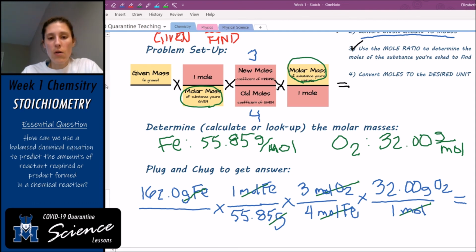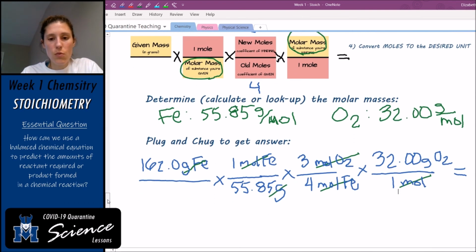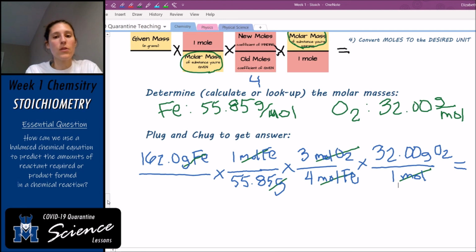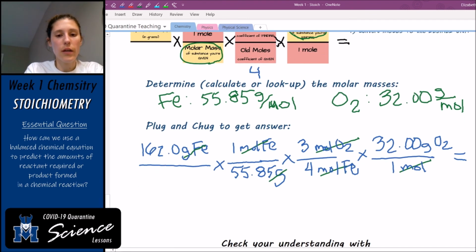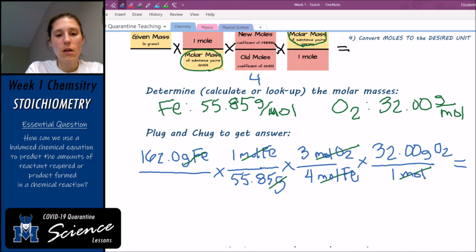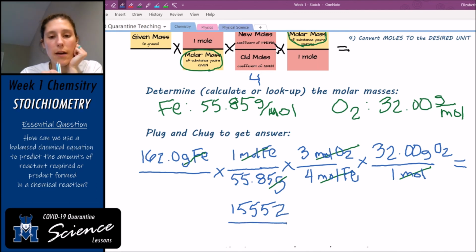Okay, so now I do the math. In order to do the math for this one, I multiply everything on the top. So I take my 162 times 3 times 32. When I do that, I get 15552. And then I divide by everything on the bottom, so I multiply 55.85 times 4 times 1.